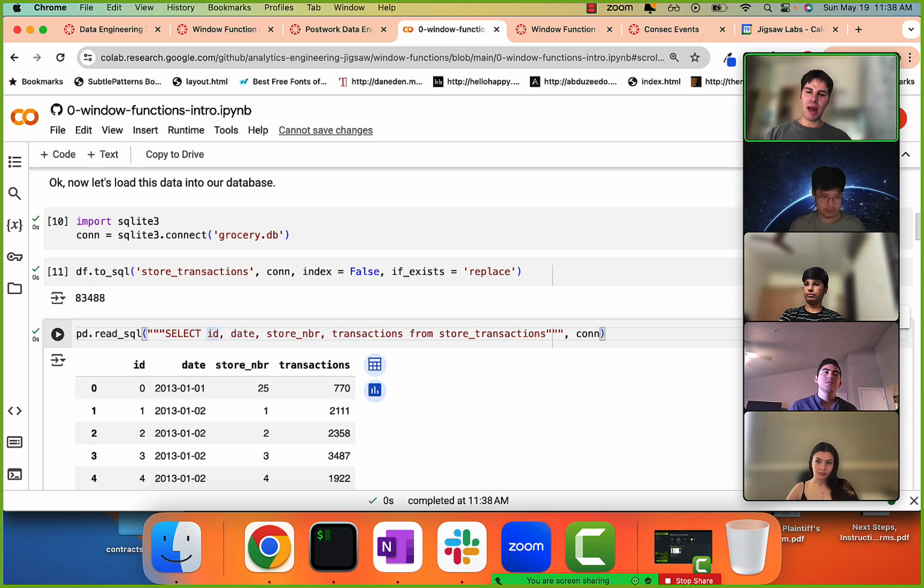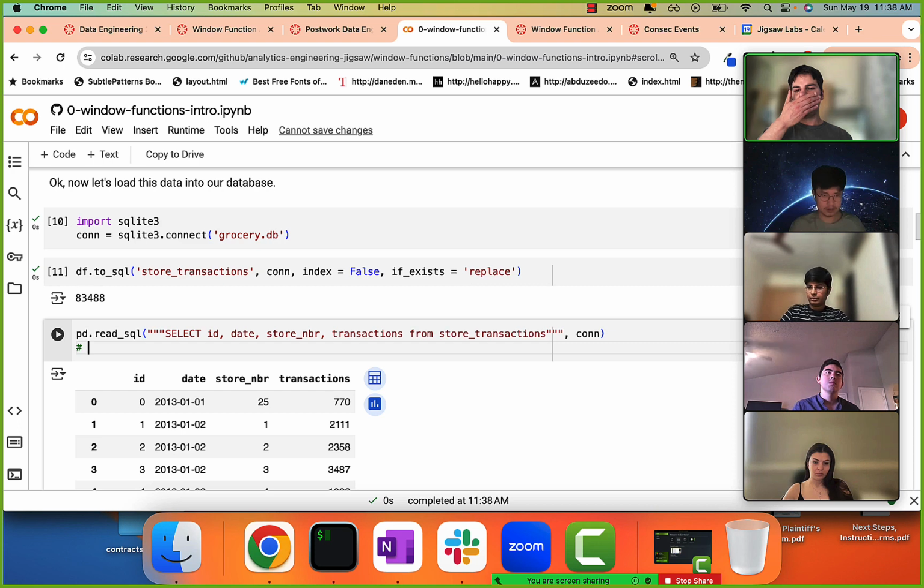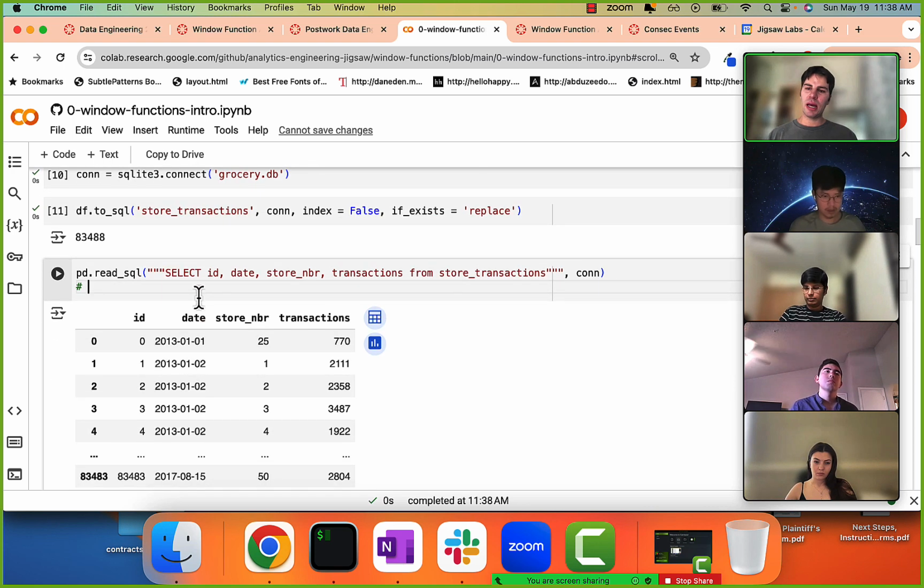If we want to find the average number of transactions across all stores, even though it's a pretty simple group by, you should think about the grain of the data. Right now we have a separate row per store per day, and if we do how many across all stores across all days, that's going to give us back one row.